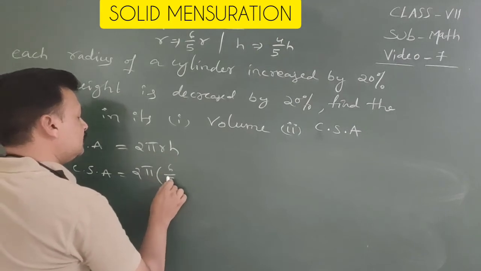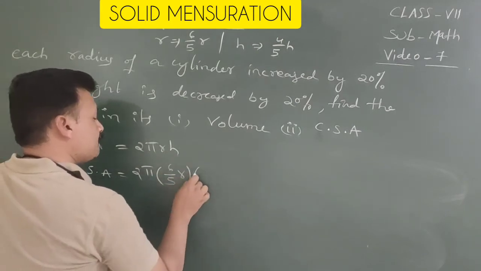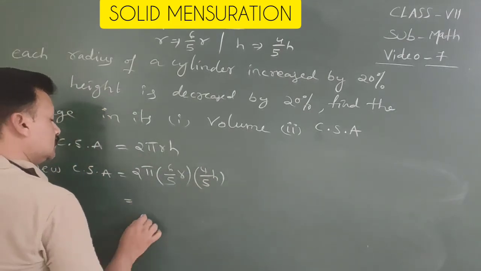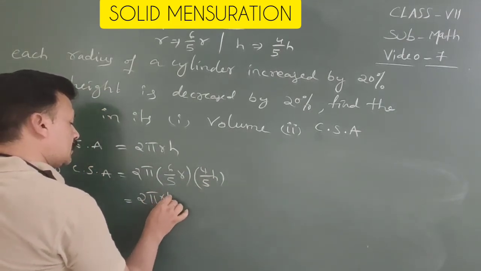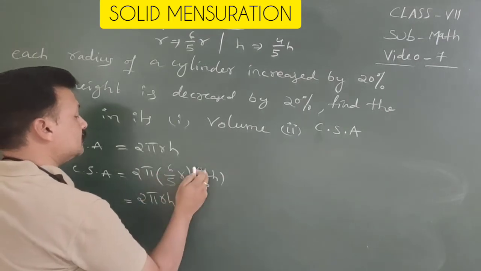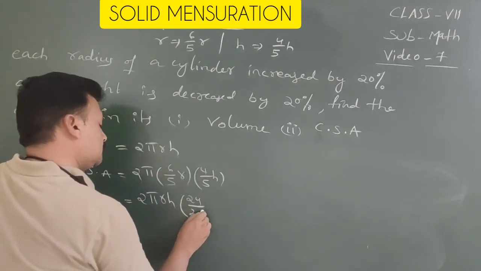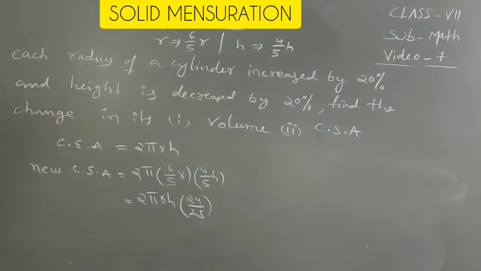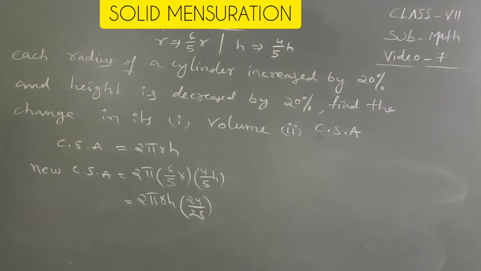R means 6 by 5 R, H means 4 by 5 H. So in total 2 pi RH of 6 fours 24 by 25 times. Okay, here 24 by 25 is a proper fraction. A proper fraction is always less than 1, meaning than the original this was less.